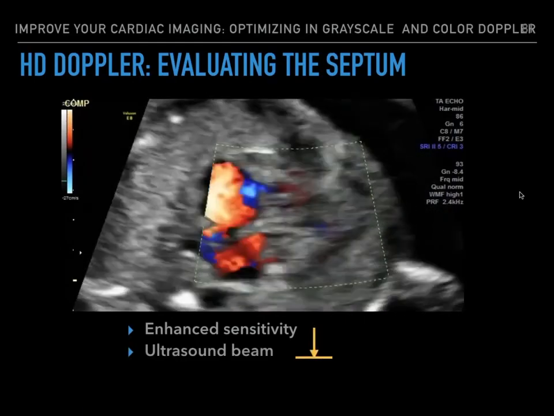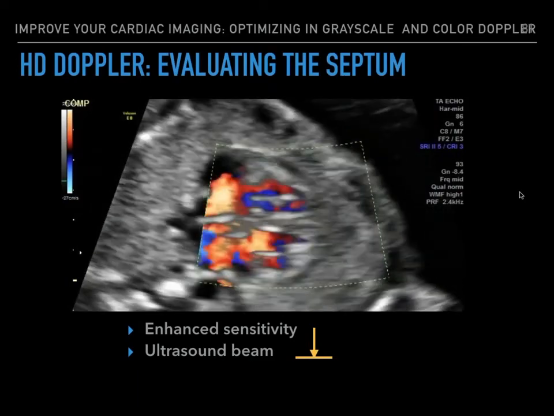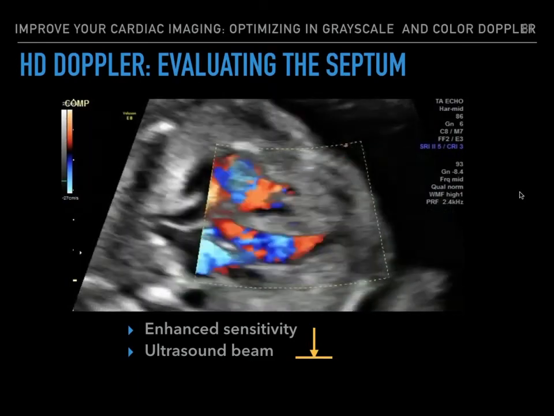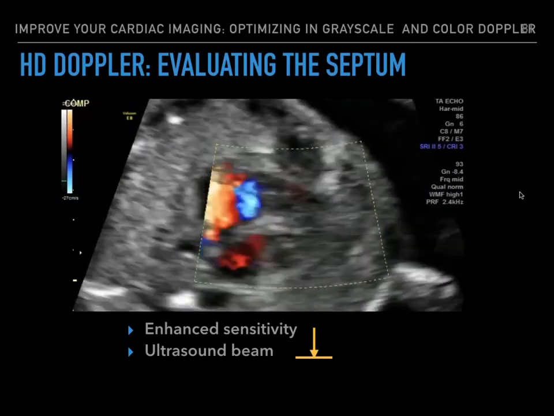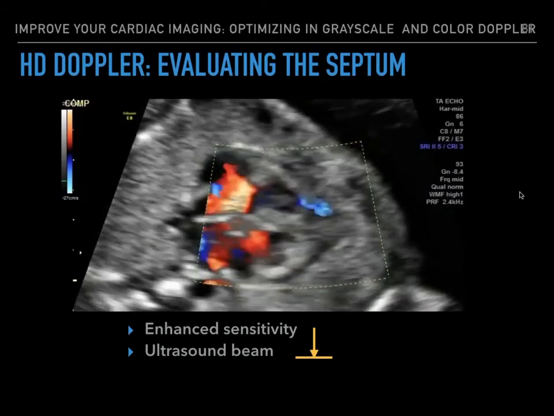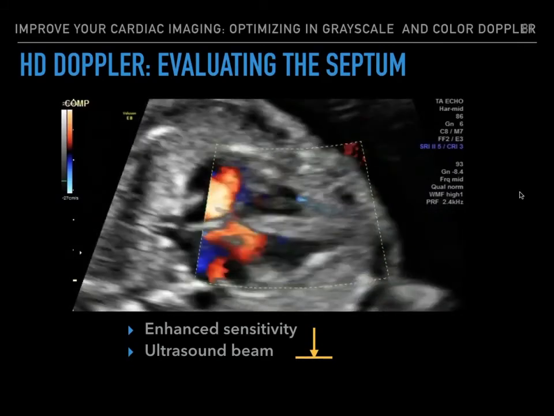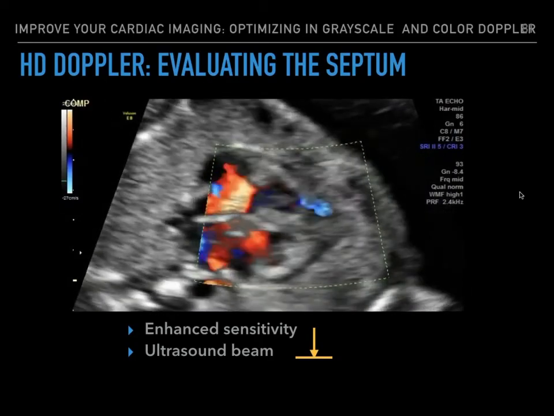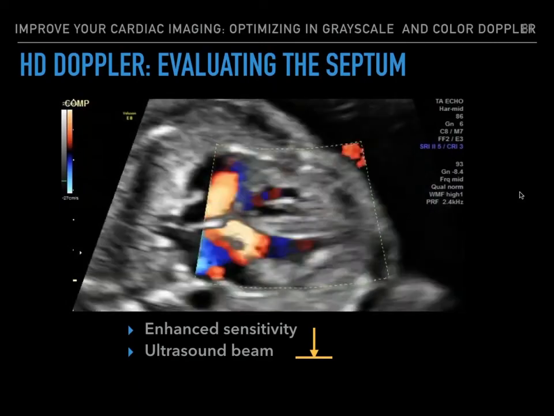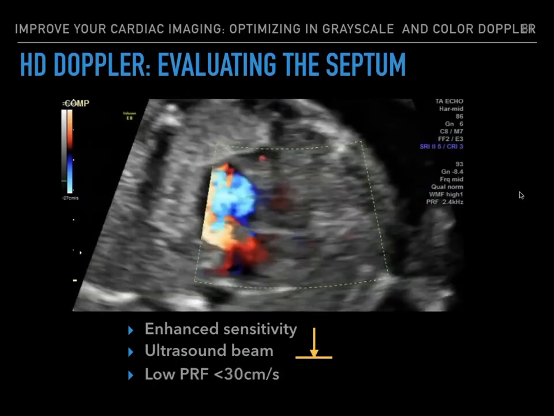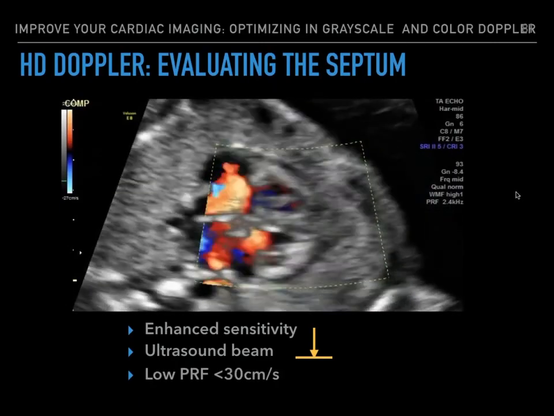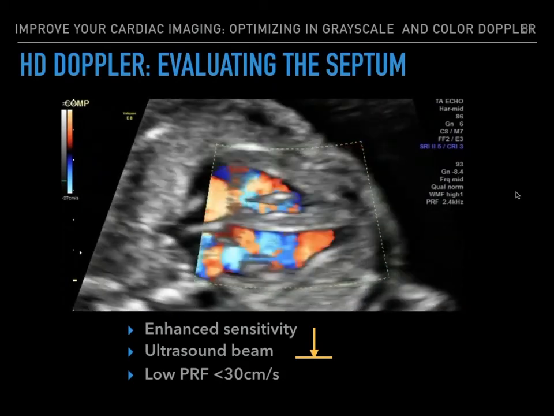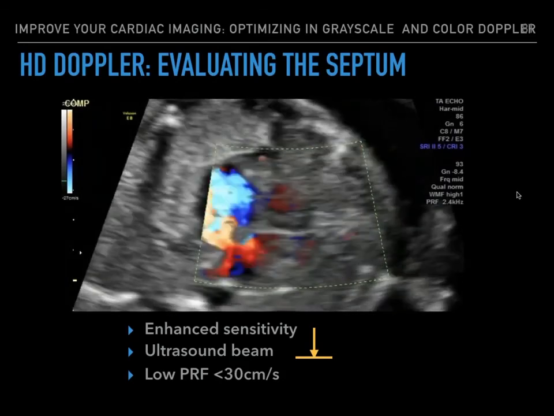When evaluating the septum, you want to be perpendicular to the wall, and then also pan throughout the wall. You have to keep in mind that the septum does have depth, so you want to pan thoroughly. You want to set your PRF to low to be able to apply the correct settings when looking at the interventricular septum.